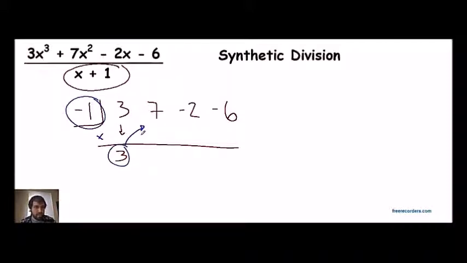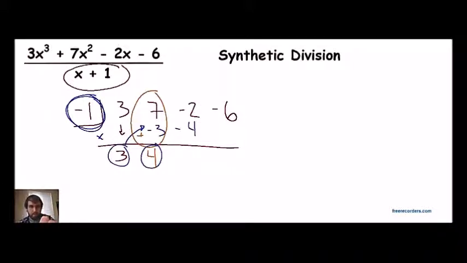So we're going to see that -1 times 3 is -3. Well, then what we're going to do is we're going to add this column. Okay, so here we're going to see we end up with a +4. And then we just repeat this pattern, right? So we've got this -1 times, okay, this 4, which gives us a -4.